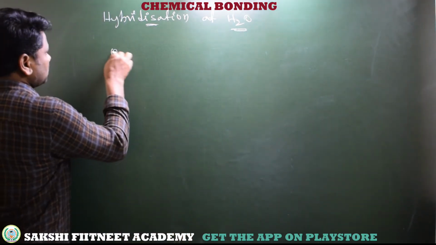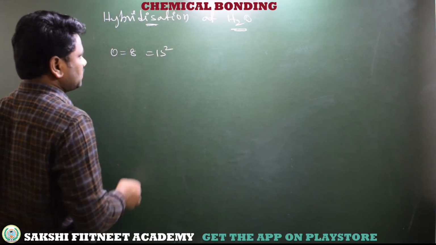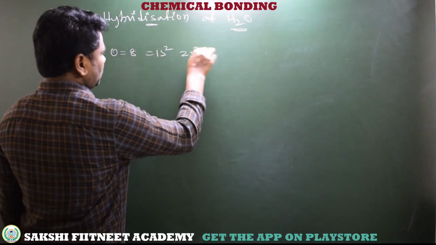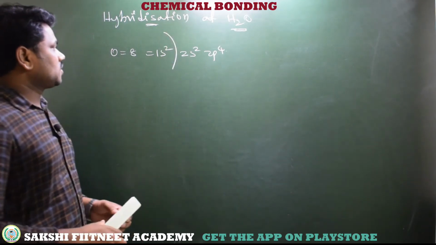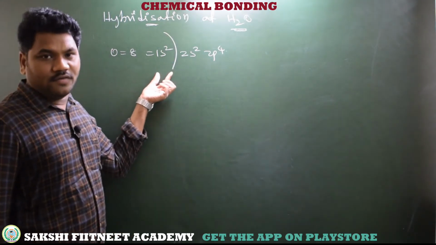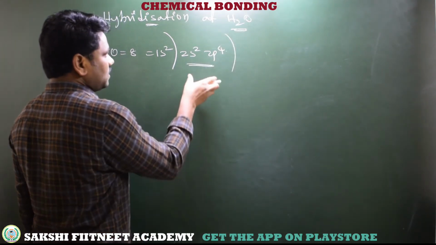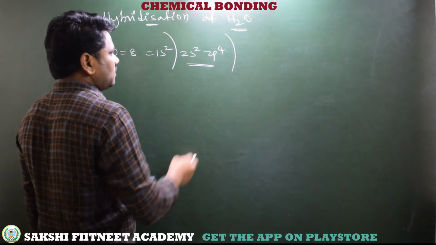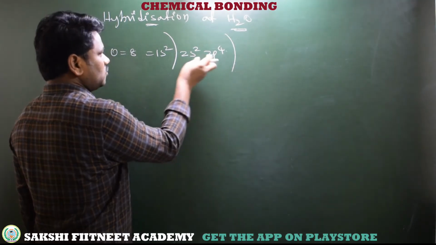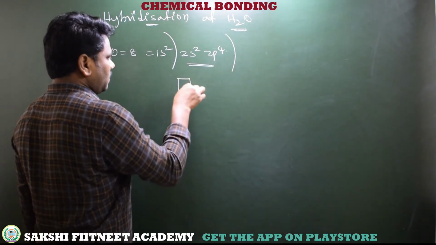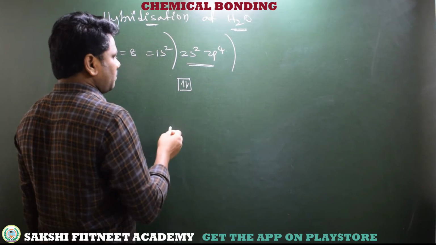Coming to oxygen, the atomic number is 8. We know the electron configuration is 1s2, 2s2, 2p4. The first energy level is inert, completely filled with the 1s orbital. The second energy level is the last one, so we take it as the valence shell. In this valence shell I am representing 2s2, 2p4. This is the 2s orbital with two electrons, a pair of electrons.